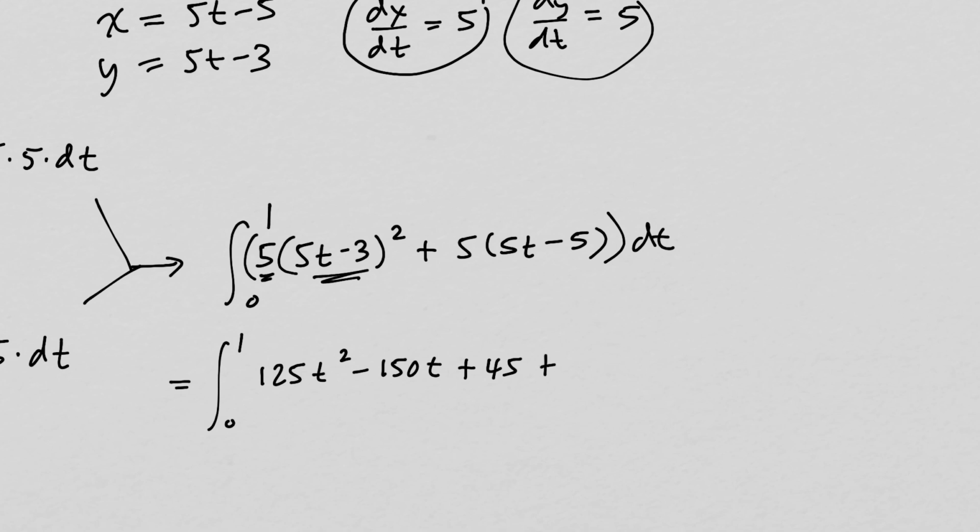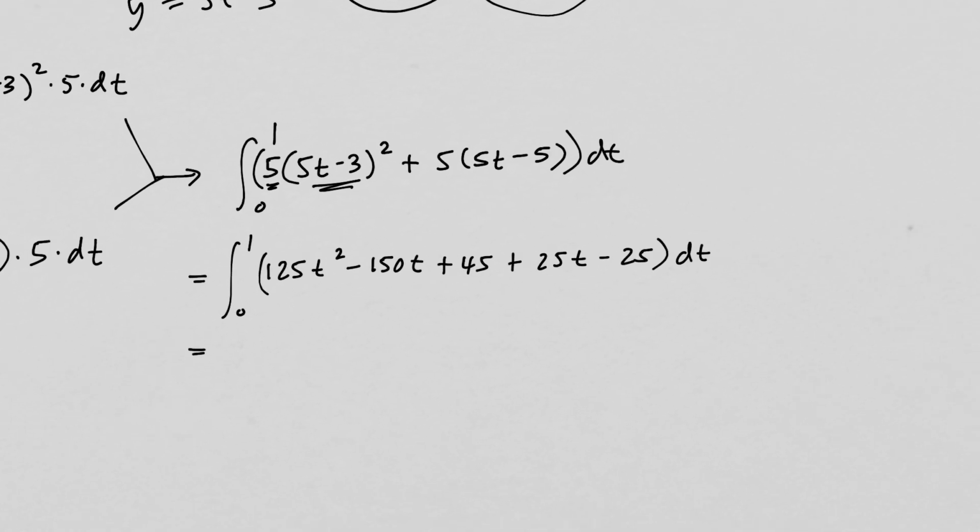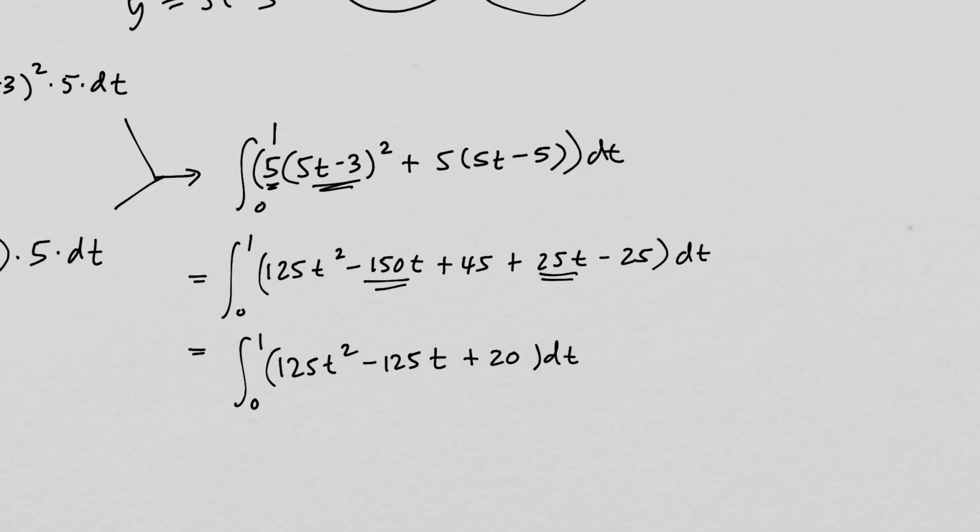Then we have plus 25 times t minus 25 with respect to t. Let's combine here. We have 125t squared, minus 150t plus 25t is minus 125 times t, and then plus 20 with respect to t.